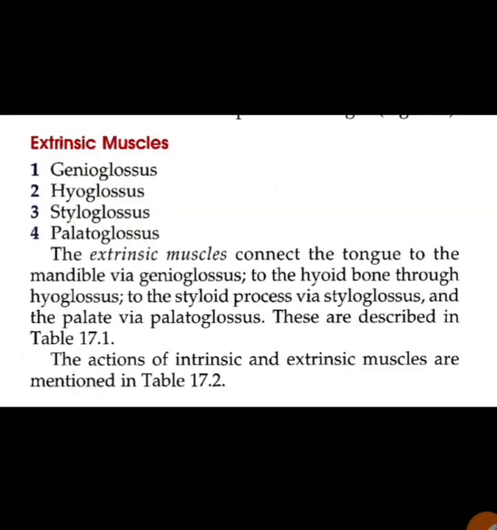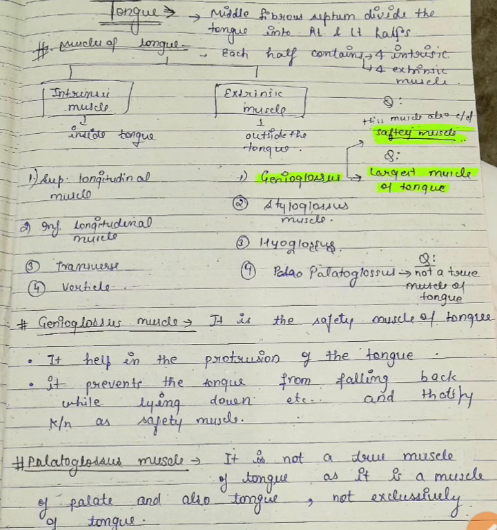Okay, extrinsic muscles, there are four. The extrinsic muscle connects the tongue to the mandible via genioglossus, to the hyoid bone through hyoglossus, to the styloid process via styloglossus, and to the palate via palatoglossus. We have seen the diagram and we already understand this. Okay, consolidating the important points of the tongue. Middle fibrous septum divides the tongue into right and left halves.